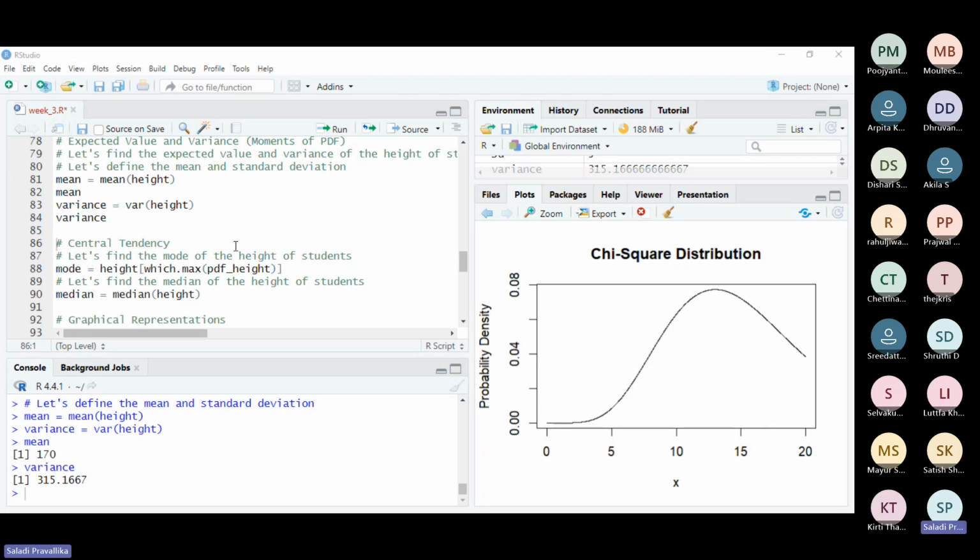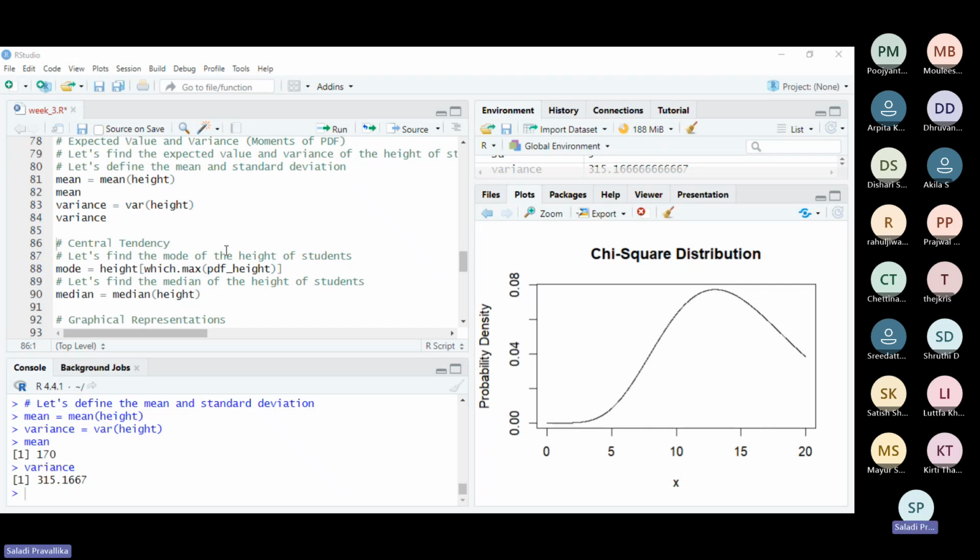Then we'll come to something called central tendency. In central tendency, one single value represents the entire distribution. For example, if I give the mean, to calculate the mean, I'm going to take the entire sample set, so the entire distribution.